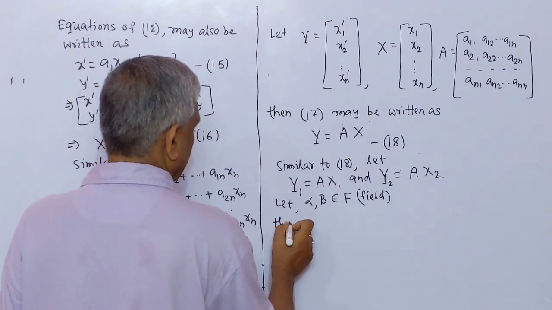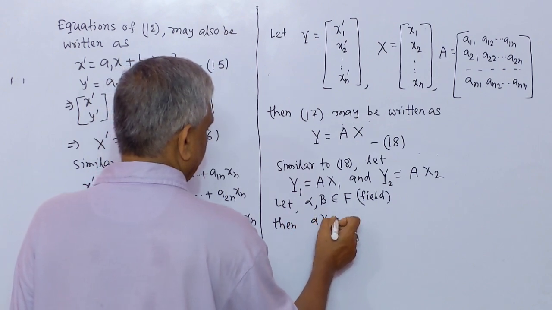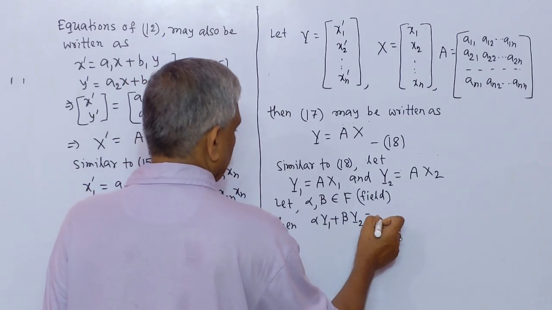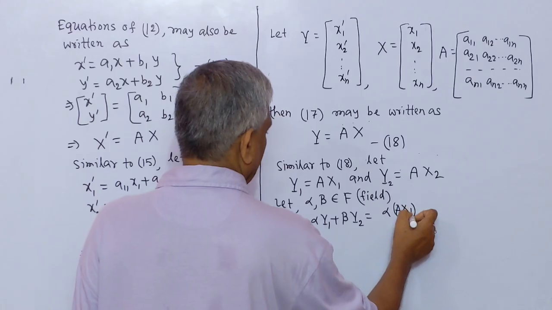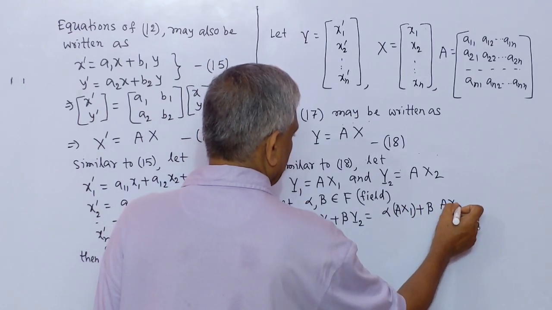Then alpha y1 plus beta y2 equal to alpha Ax1 plus beta Ax2.